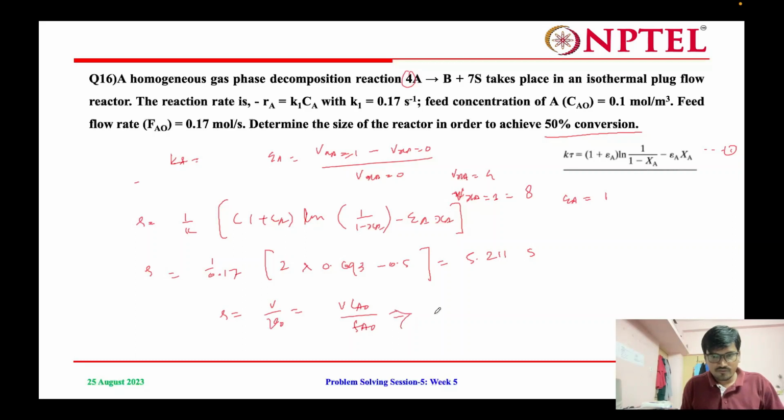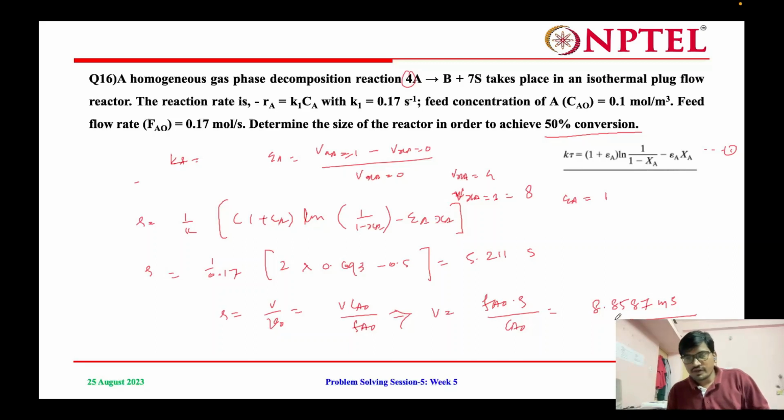So V is equal to F naught into tau divided by C naught. Put the values in these equations, so we get 8.8587 meter cube. So 8.885 meter cube of reactor size is required to achieve the 50% conversion.